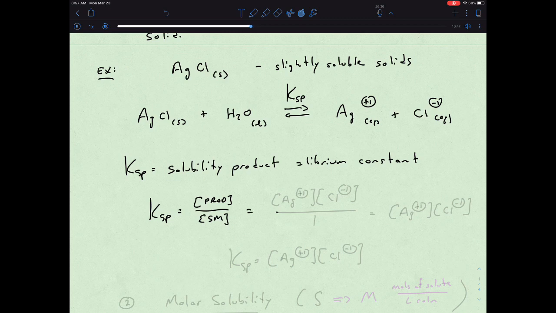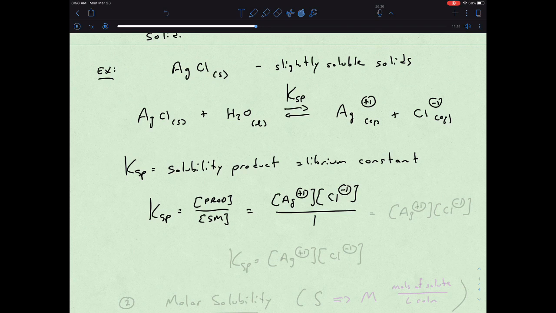In this case, we would have the silver plus 1 as a product, the chloride minus 1 as a product. But on the starting material side, there's actually nothing there that would be part of K. We have a solid, silver chloride, so that's not part of K. No concentration, no pressure.